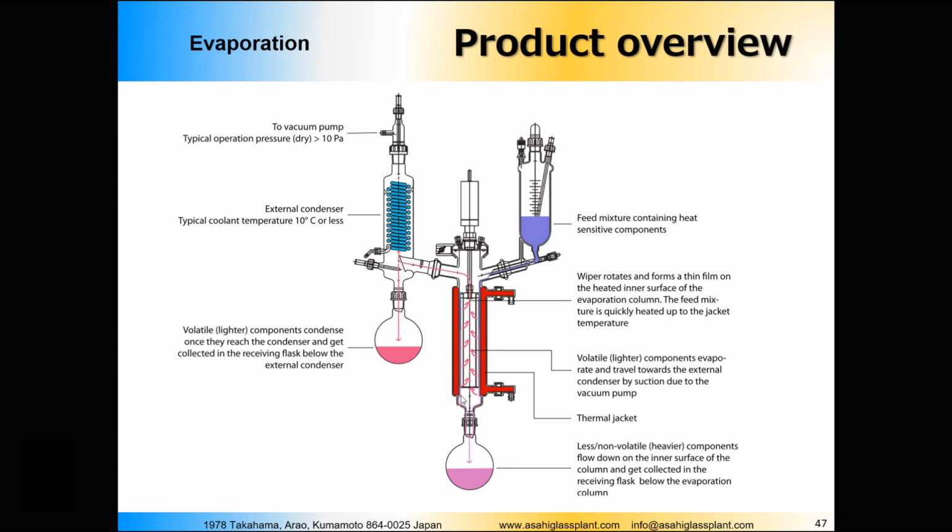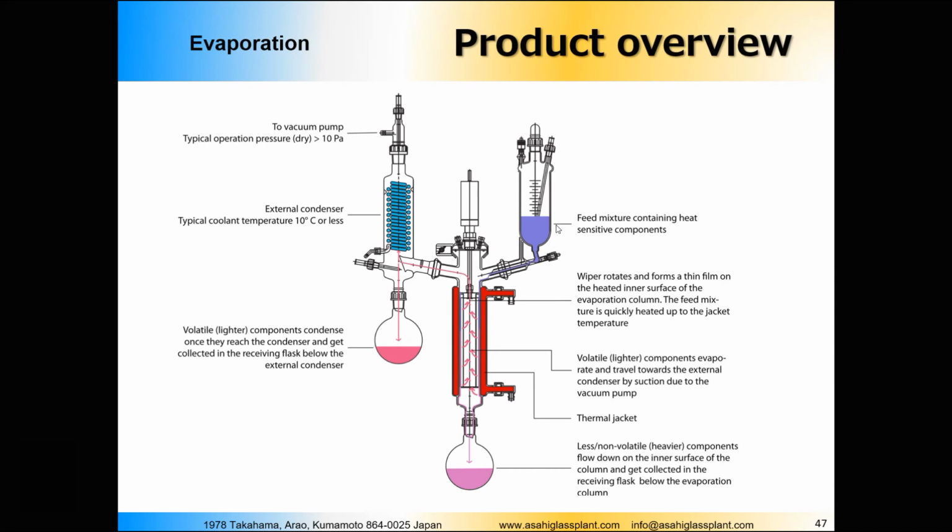So for applications when we need to evaporate till dry something that is thermolabile, there is another type of equipment called freeze dryers or spray dryers. But this is another story. Asahi doesn't manufacture that, so I'm not going to go deeper into this kind of equipment.